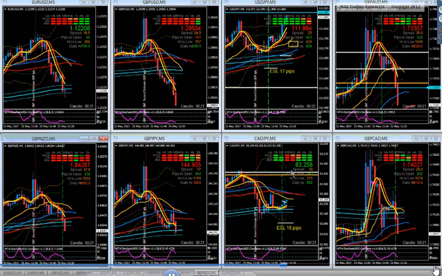And if we have a setup in the opposite direction, I will not consider taking that entry setup. And this reinforces the probability of success of our setup.